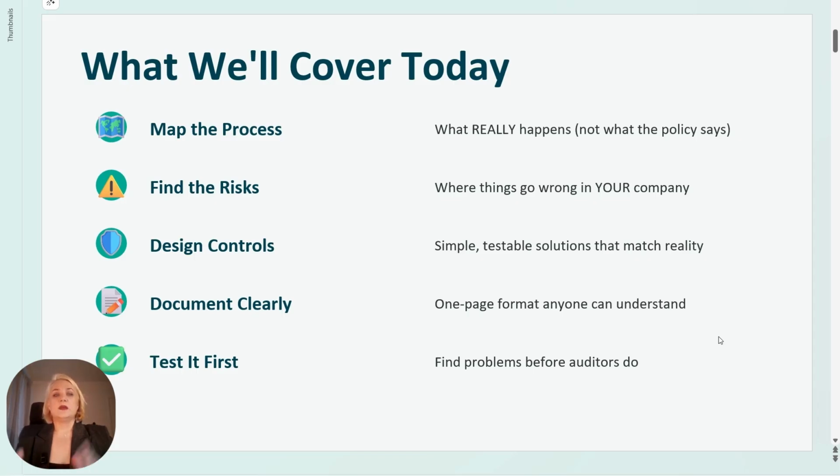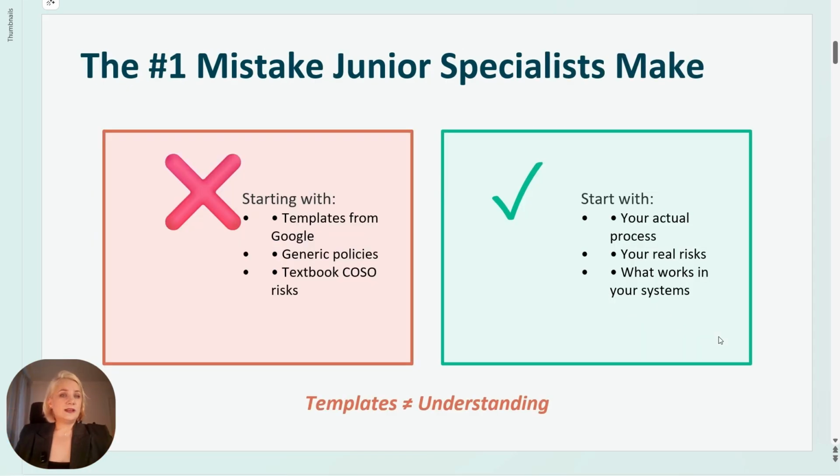Before we start, I would like to share a mistake that I encountered myself and also saw many juniors, and not only juniors, doing. You start with generic Google or AI policies or textbooks from the COSO framework or any other frameworks that you like, and then you start designing the risk.